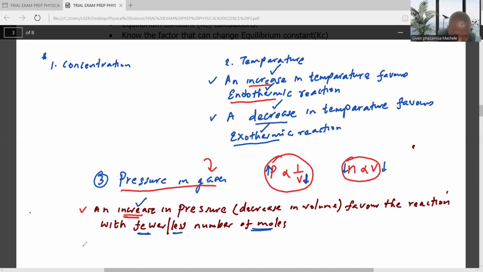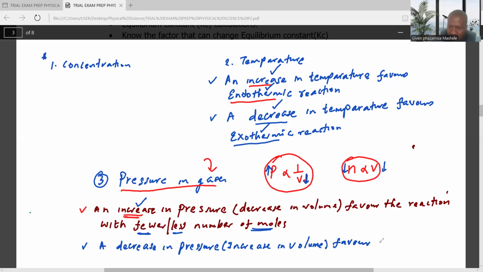But a decrease in pressure, which is the same as an increase in volume, the reaction will favor the reaction with more number of moles.